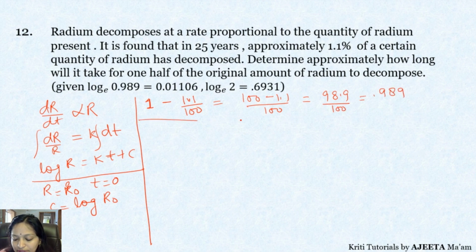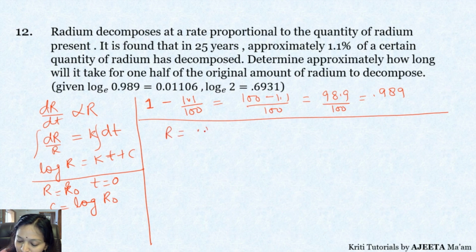राइट, ये हमारे पास कैलकुलेशन है 1.1 डिक्रीज का. नाउ अभी हमने जो इनिशियल काउंट लिया था वो r0 लिया था. सो नाउ योर r हैज बिकम हाउ मच? 0.989 ऑफ r0. अगर 1 का इतना है तो r0 का कितना है? वी हैव टू मल्टीप्लाई सिंपली. टाइम कितना है हमारे पास? 25 years. नाउ लेट्स फाइंड k.